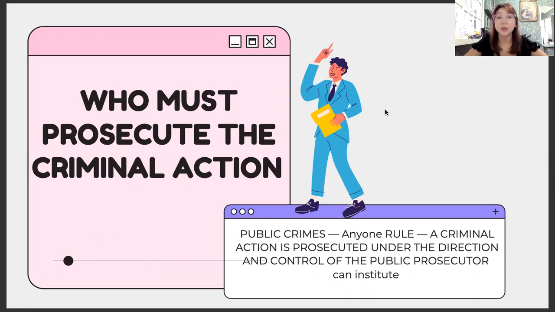It is a cardinal principle that criminal actions, either commenced by complaint or by information, shall be prosecuted under the direction and control of the fiscal. The institution of a criminal action depends upon the sound discretion of the fiscal.